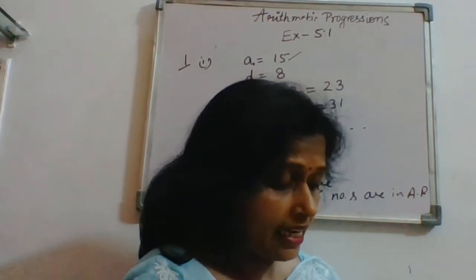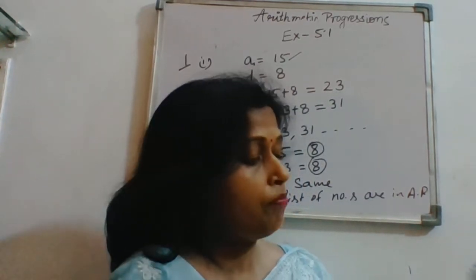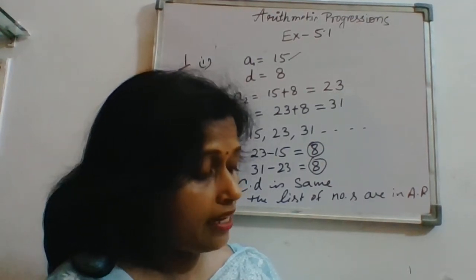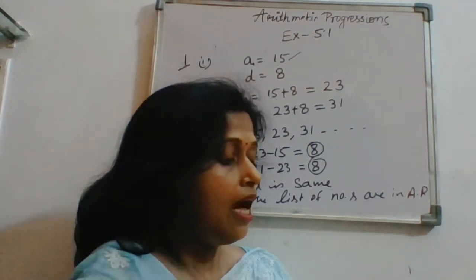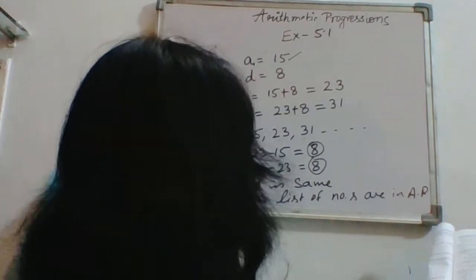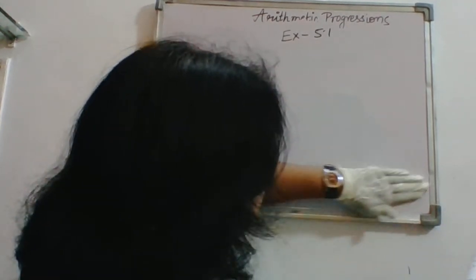Now see the second one, the amount of air present in a cylinder when a vacuum pump removes 1/4 of the air remaining in the cylinder at a time. Read the question carefully: when you pump once, 1/4 of the air comes out.